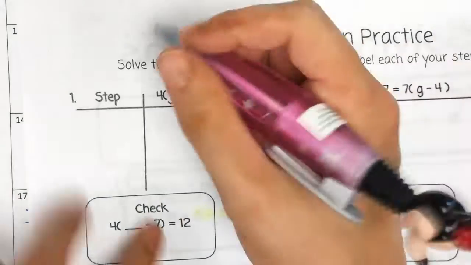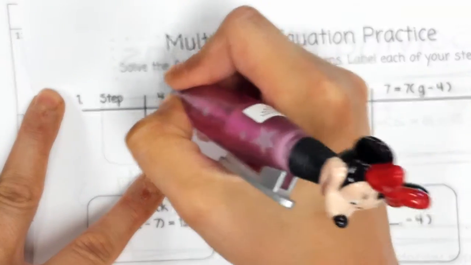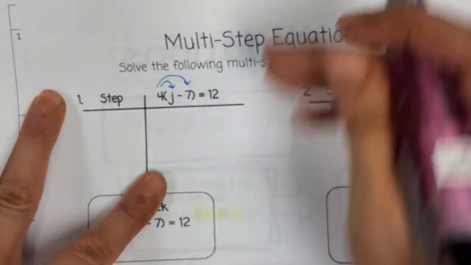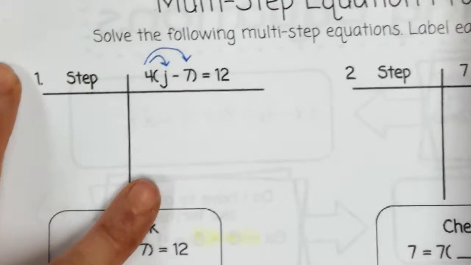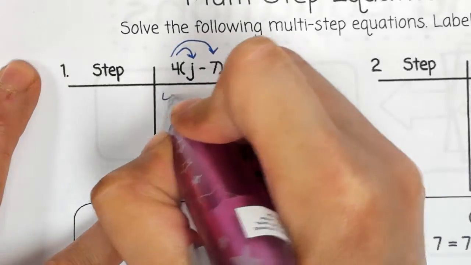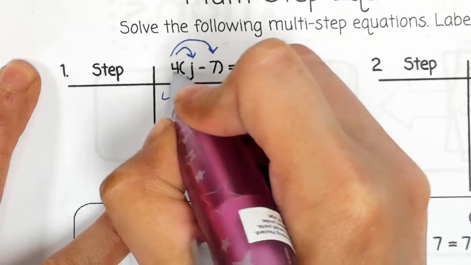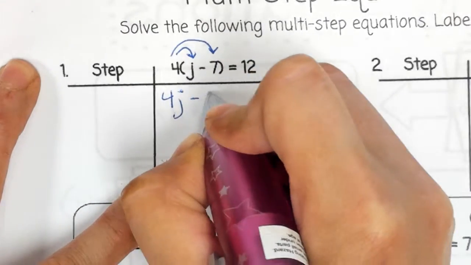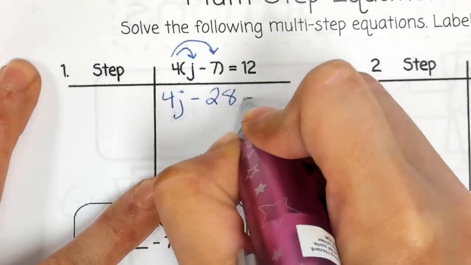I take the 4 and multiply it by the numbers inside. So 4 times j is 4j. 4 times 7 is 28.